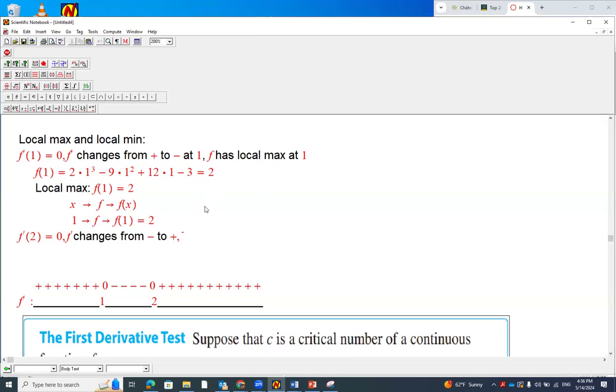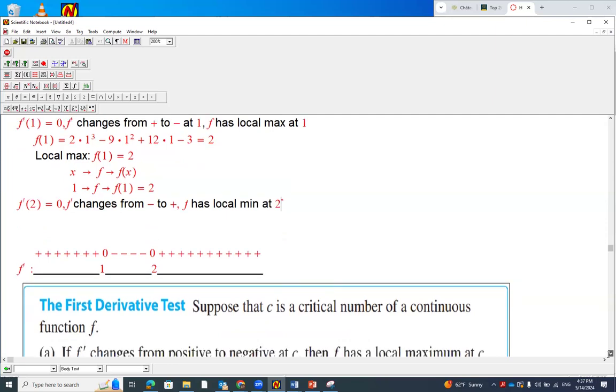Okay, so then we say by first derivative test, f has local minimum at what? At 2. So when you apply the theorem, you don't say C anymore, because now we have a value for C, right? So you use that C.